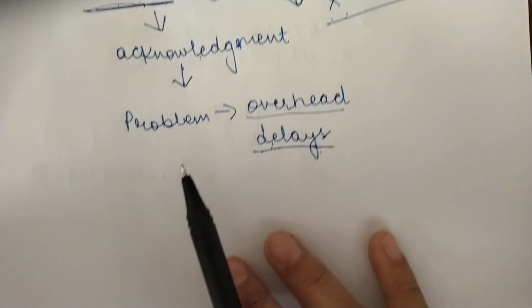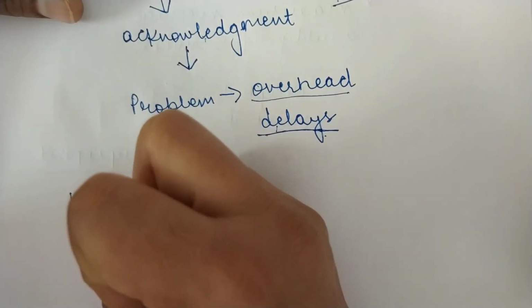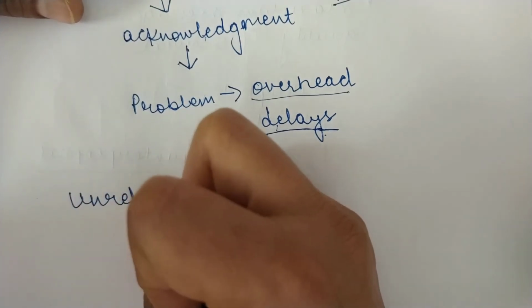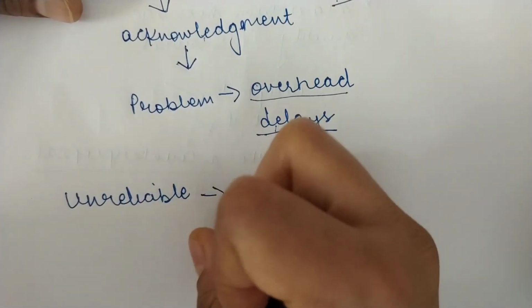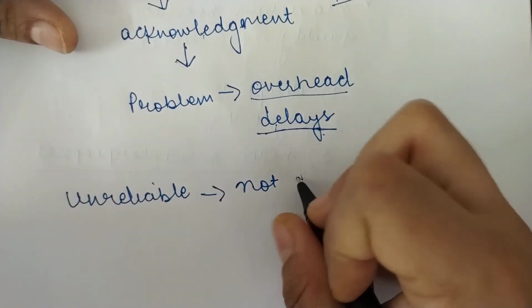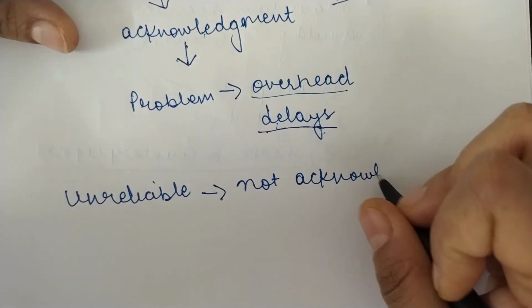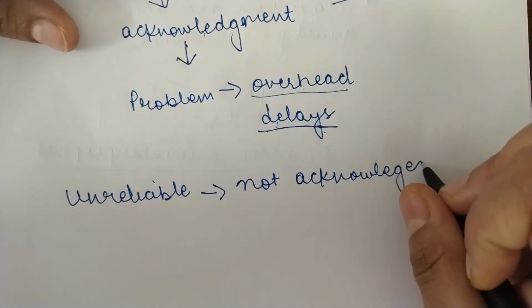Unreliable here basically means a service that is not providing you with any acknowledgement. That means your data transfer has not been acknowledged. This is what you mean by unreliable.